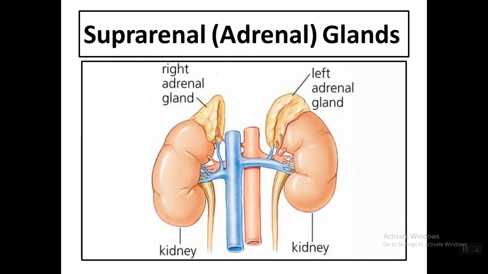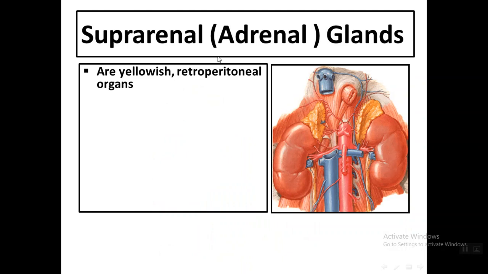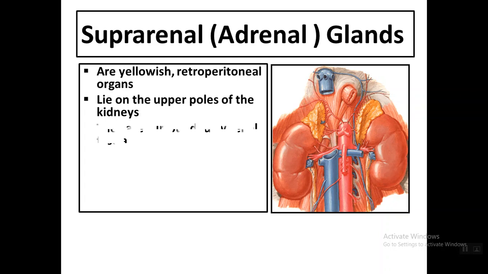The last part of our lecture is about the suprarenal or the adrenal glands. The suprarenal or adrenal glands are yellowish retroperitoneal organs. They lie on the upper poles of the kidneys, so we call them the suprarenal glands.